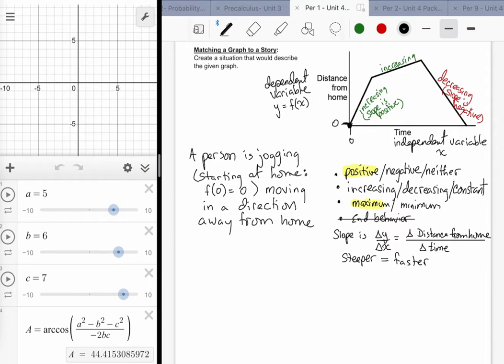The steepness is really going to be a relative value, so we won't address steepness until we get to that second piece. So they're moving in a direction away from home, and we know that because the slope is positive. That means that the distance from home is a positive number per unit of time. The distance from home is increasing.